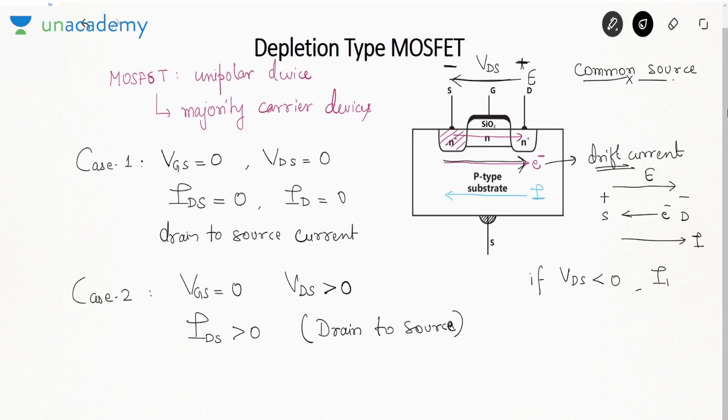So IDS would be negative. That means due to this symmetrical device, you can have current flow from source to drain or from drain to source, or you can say MOSFET is a bidirectional device. In MOSFET, the current flow is allowed in both directions, from drain to source or from source to drain.